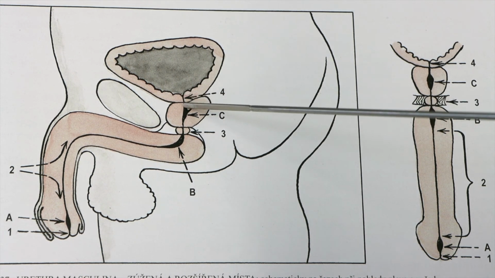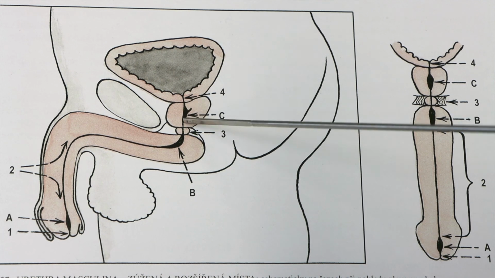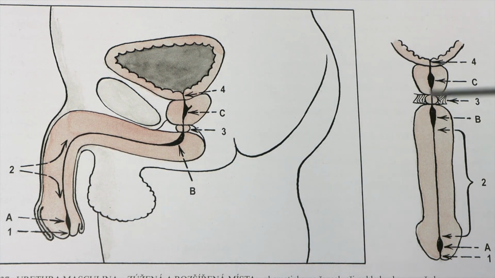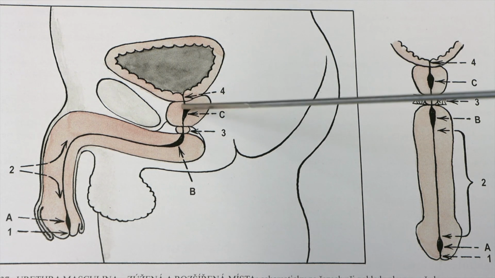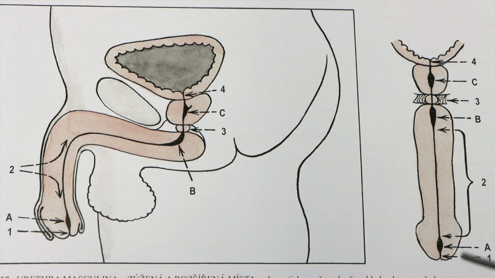Then, as we already said, it enters the prostate as the prostatic part of the urethra, which has an enlargement called the colliculus seminalis, where the ejaculatory duct opens, and behind them in the middle is the utricle, or utriculus prostaticus, which is a blind sac that is a remnant of the Müllerian duct.